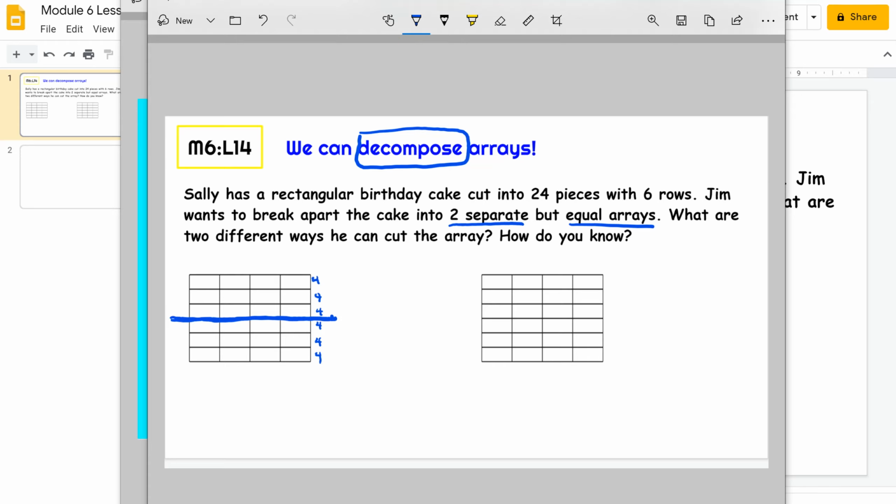So I know that the total number of rows is 6, but now I've broken it apart into 3 rows of 4 and another 3 rows of 4.